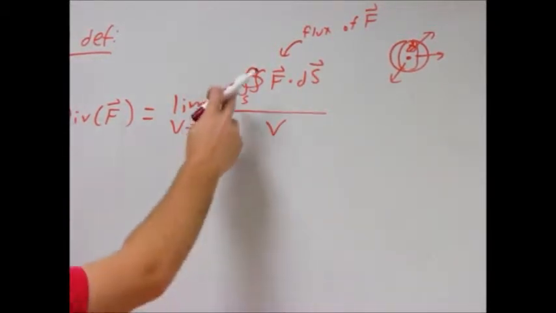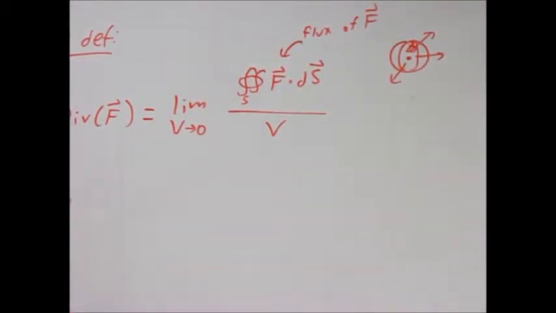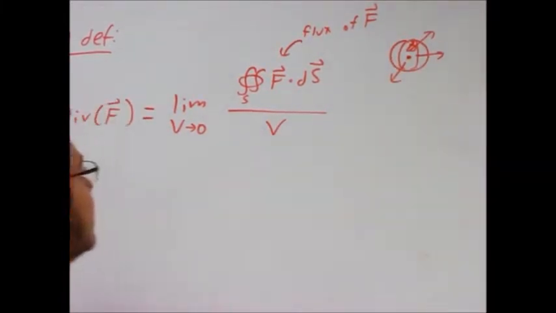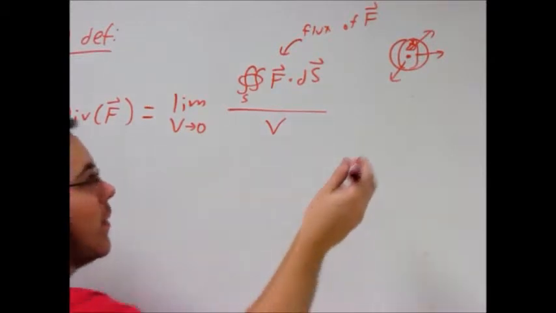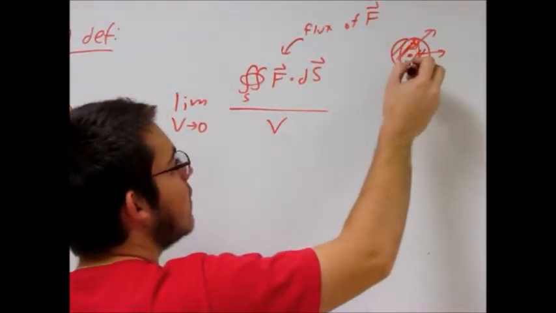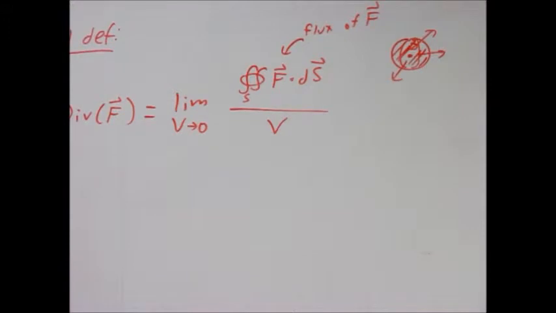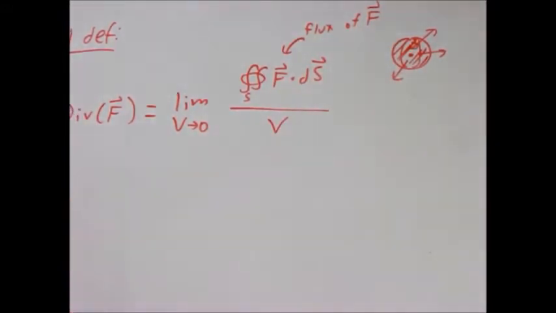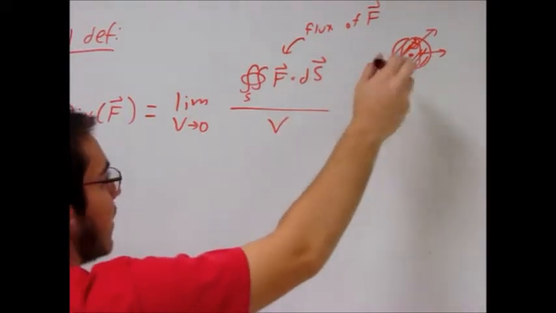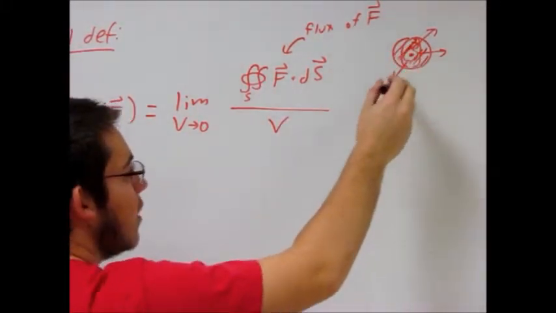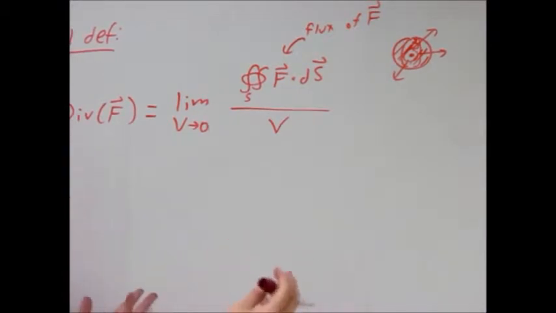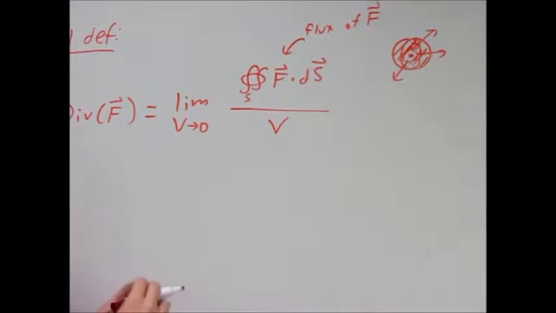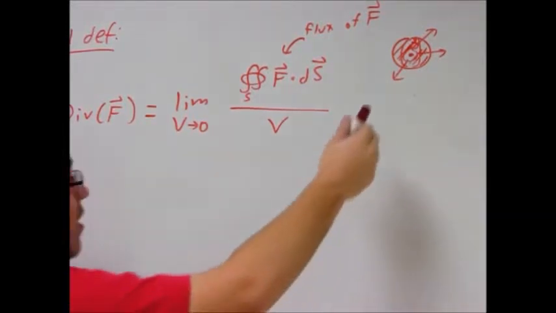That's why we have this little circle on the double integral, the surface integral really. And so basically we're dividing by the volume of this region, shrinking it very small and seeing how much of the vector field, if you consider f to be some fluid or something, is flowing out.